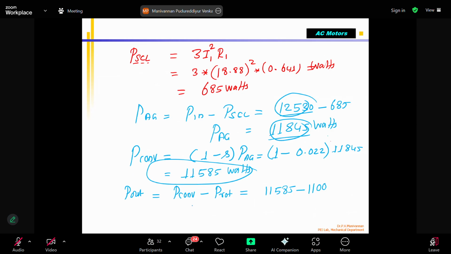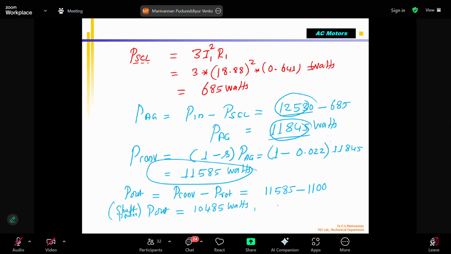So then the output power, which is called shaft power, is what is available to drive the shaft. The output power is nothing but 10,485 watts. This is in watts.